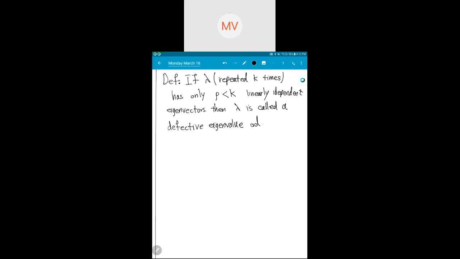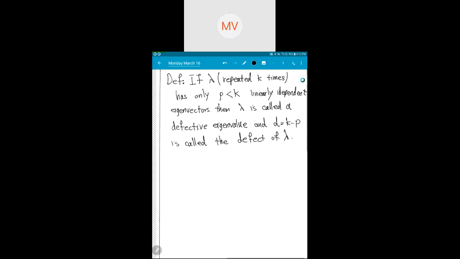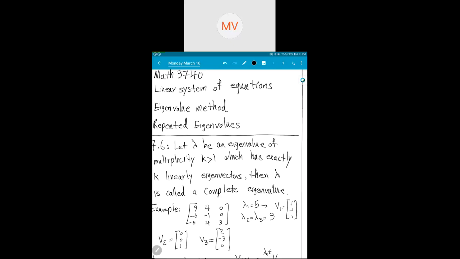And that gap that we just talked about, the difference between the two, which I want to call d, which is k minus p, is called the defect of lambda. For example, for the one that we just did above, let me go to the other half of our page.